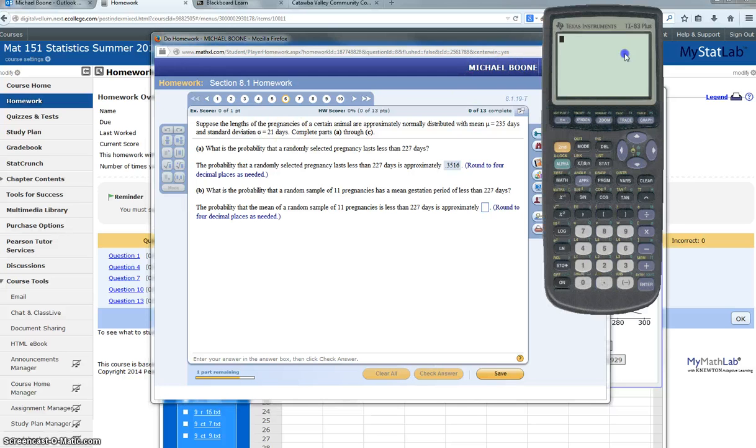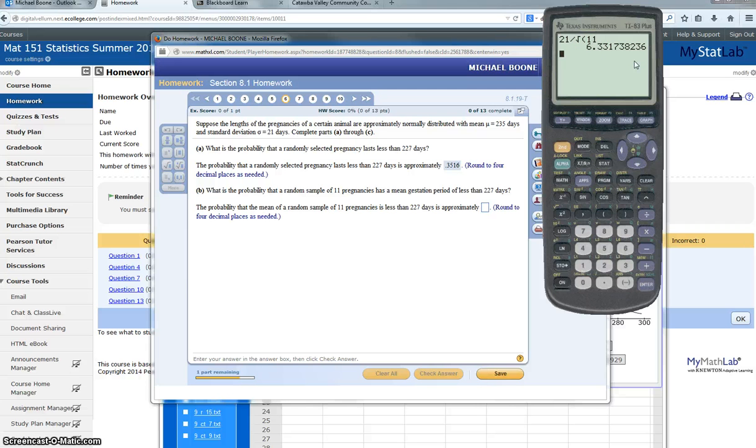Sorry. So to figure out my standard error of the mean, I'm going to take the 21, my population standard deviation, and divide it by the square root of 11 on my calculator. So this gives me the standard error of the mean.